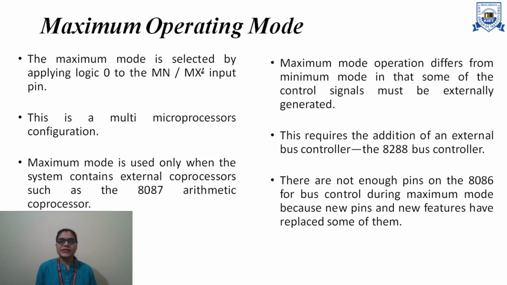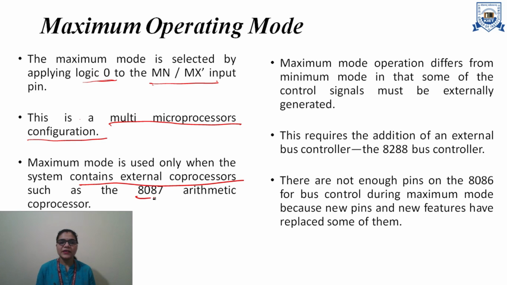Maximum mode is selected by applying logic low, or logic 0, to the MN/MX bar input pin. This defines a multi-microprocessor configuration. Maximum mode is used only when the system contains external coprocessors.